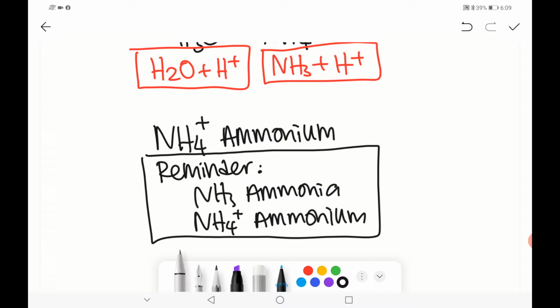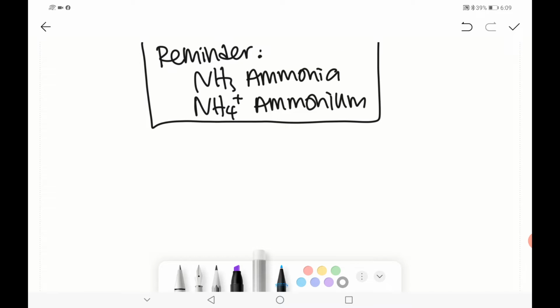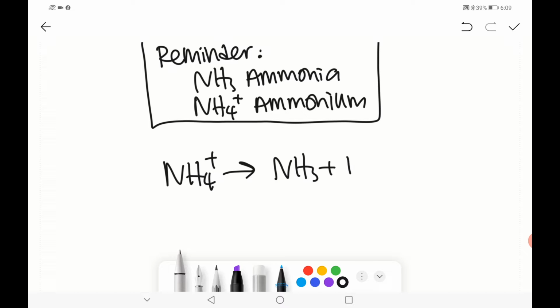And because this fella is charged, the name must include the word ion. So this is called the ammonium ion, NH4+. For your information, NH4+ is actually made of NH3 coupled with H+.